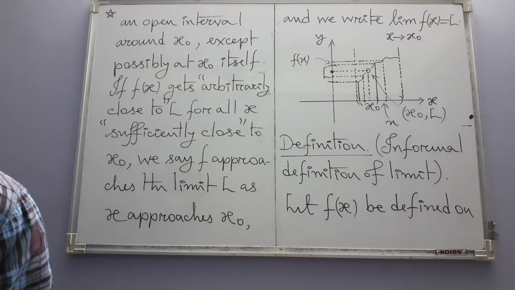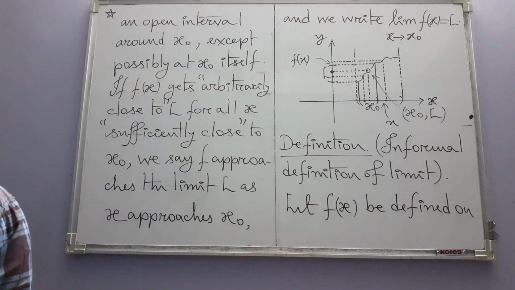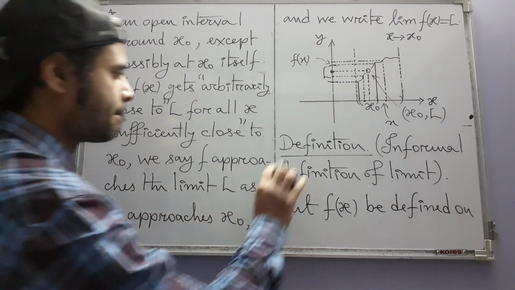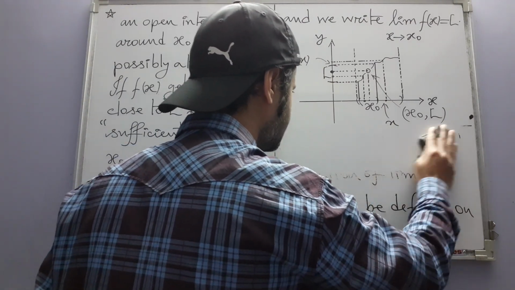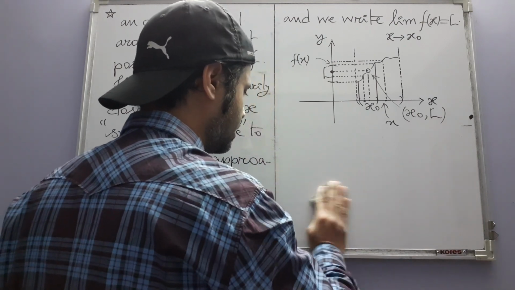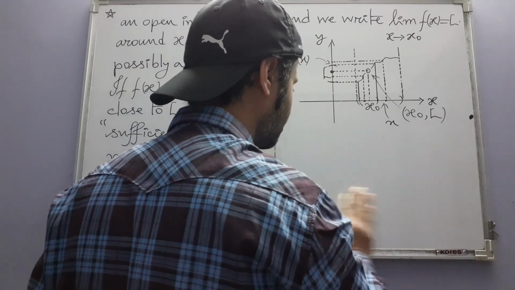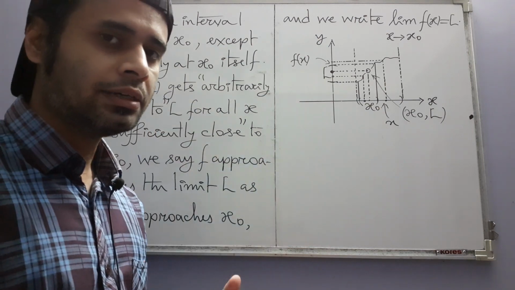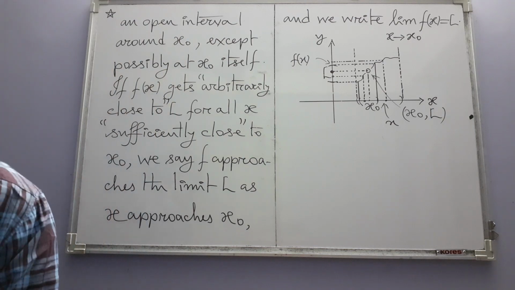Now let us go through the next example, which has three functions given to us, and which will emphasize this particular point, that the point at which we are calculating the limit need not be a point in the domain of the function, but something else is also there.